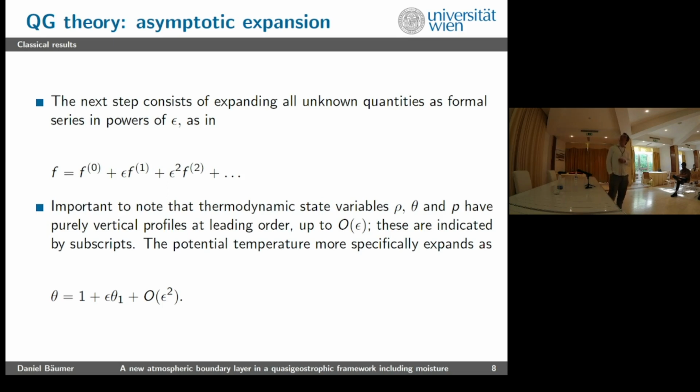But we can actually use the formal asymptotic framework to prove that if this is the case, then also the first order perturbations have to be purely vertical, right? So this is something very nice. We can actually do mathematics and not just model physical understanding.